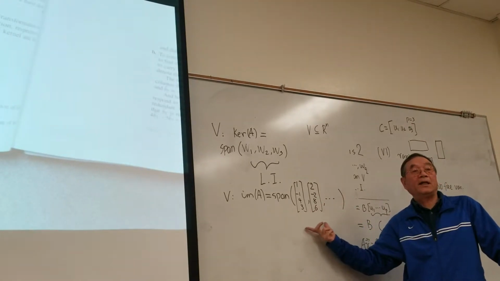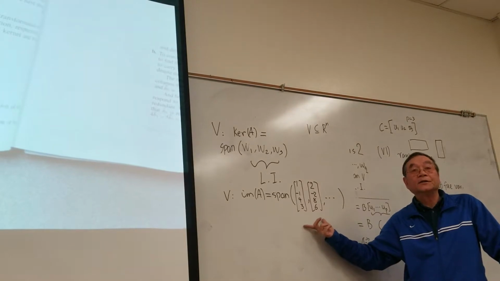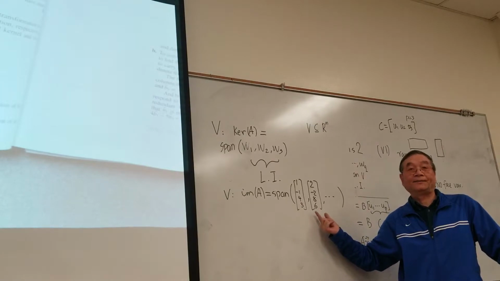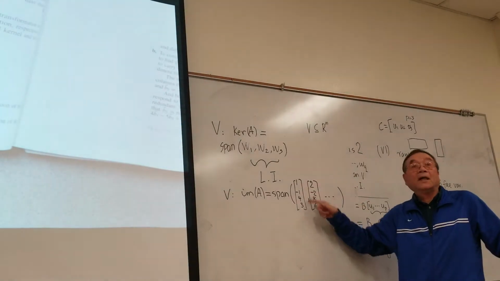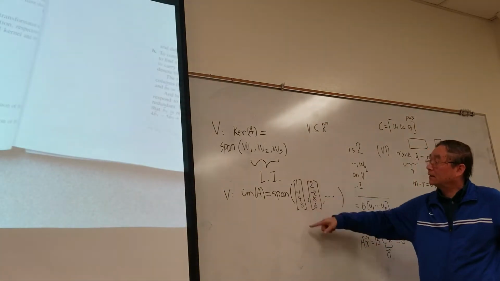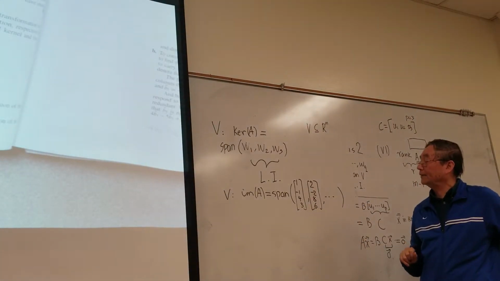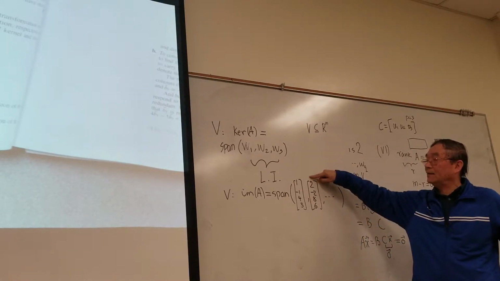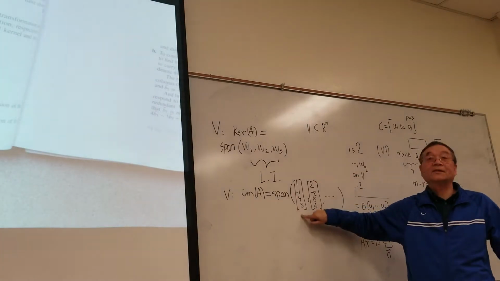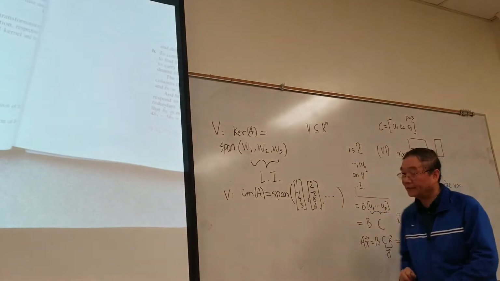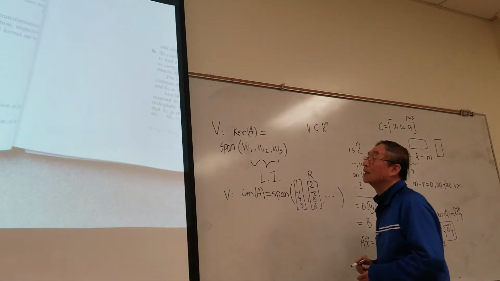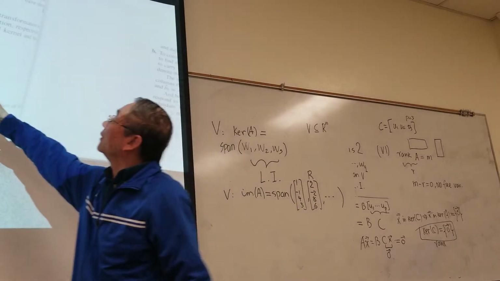The remaining linearly independent vectors that still span the image of A form a basis. So we want to identify which one is redundant. This is not so easy to find. Well, the second one is easy. You see, this one is 2 times the first one, right? So therefore we can say this is redundant.